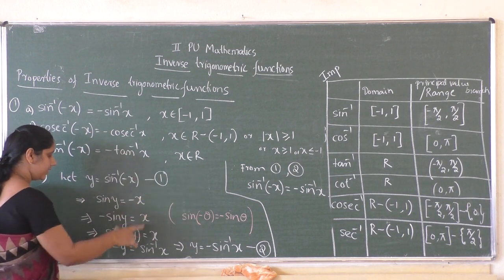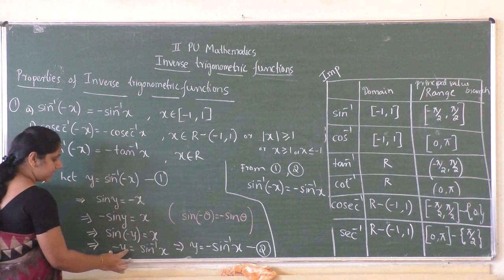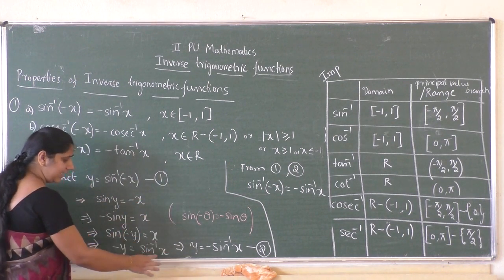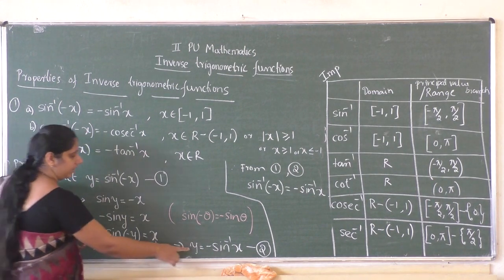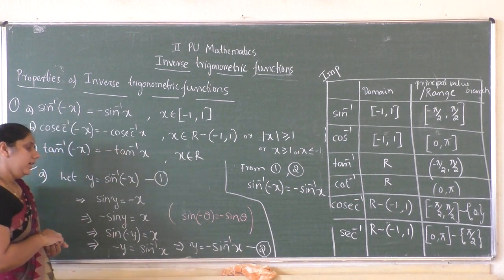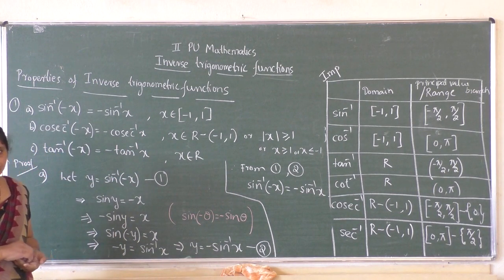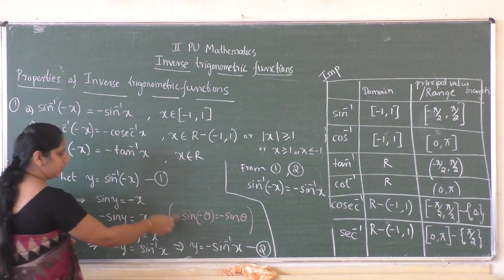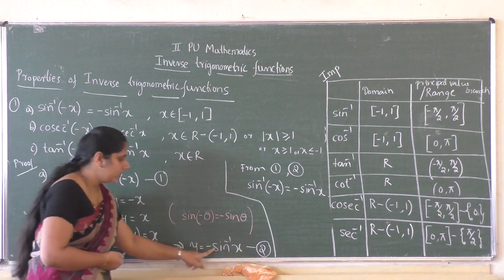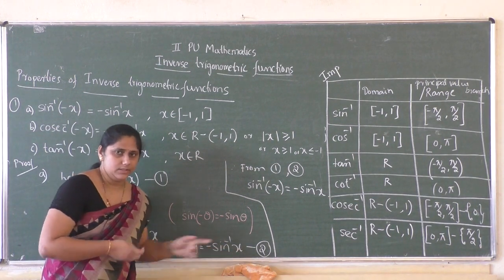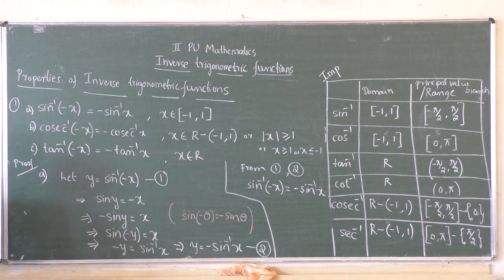Now again same first condition if we apply, that is minus y will be equal to sine inverse of x. Now take this minus to right side, it will be y equal to minus sine inverse x. Now from equation 1 and 2, sine inverse of minus x will be equal to minus sine inverse x. So this is first one.